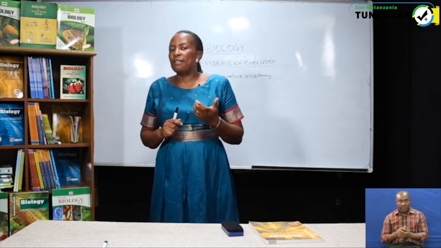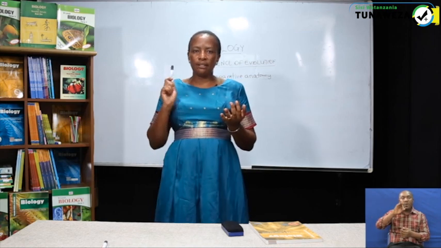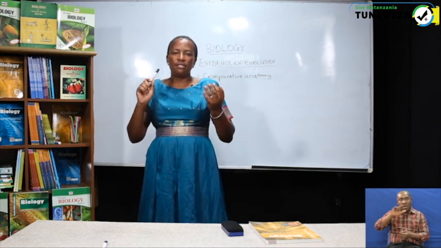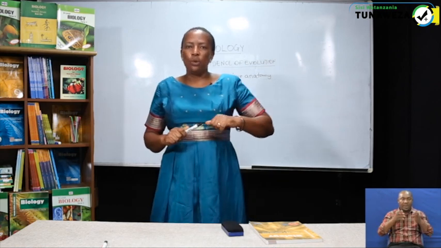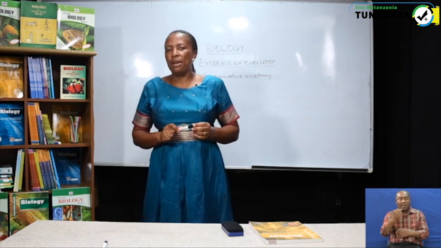Taking an example, the forelimbs. The forelimbs of human being, the forelimbs of goat, the forelimb of horse, and the forelimb of the bird. The wing is the forelimb of birds.